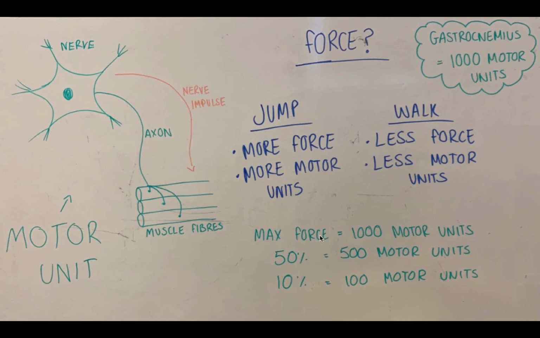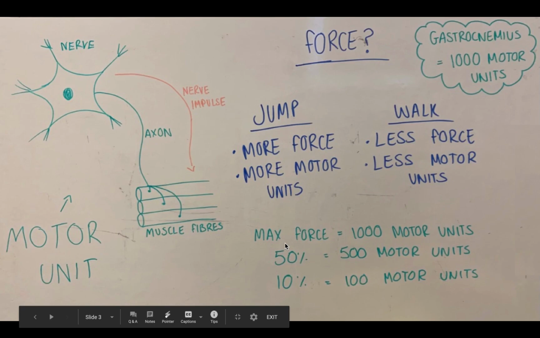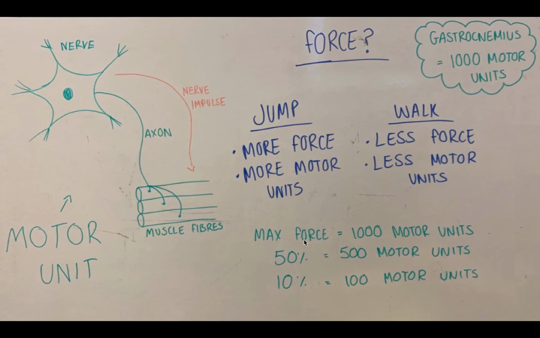With jumping, you need maximum force from the motor units in your gastrocnemius to perform this movement. Because I've given the example that in our gastrocnemius there are 1,000 motor units, the maximum force that would need to be produced would have to activate all 1,000 motor units.